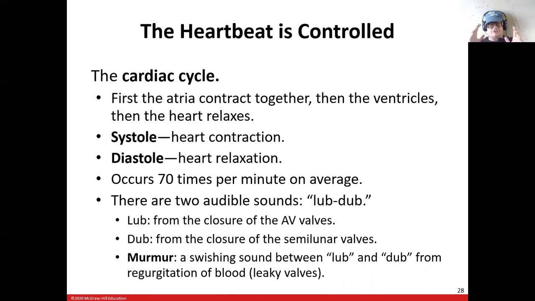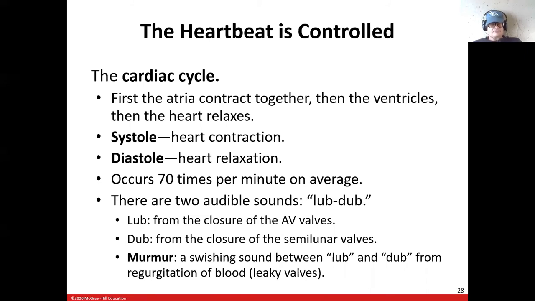Then when the ventricle starts to contract and the atria starts to relax, your AV valves, your tricuspid and your bicuspid, blow shut as the pressure builds. And they don't blow all the way through and let blood back into the atria. That doesn't happen because you have the chordae tendineae stabilizing the edges of the valves.